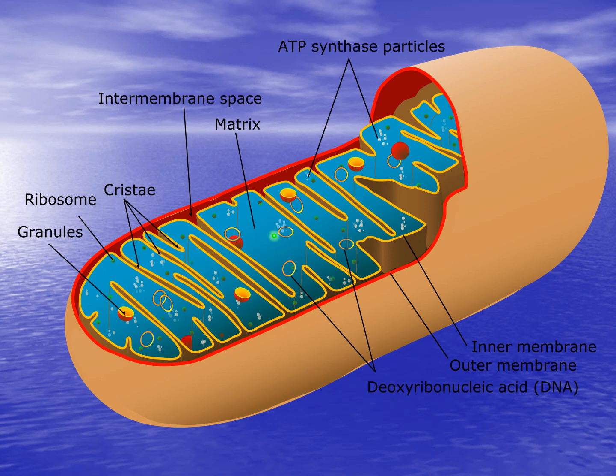And these small circular structures are similar to the bacterial chromosome, and there are ribosomes in the mitochondrial matrix, and these, interestingly enough, are 70S ribosomes, similar to what we see in bacteria.